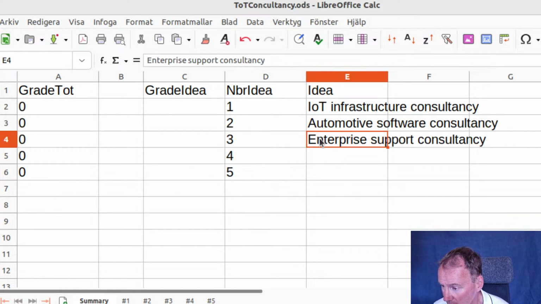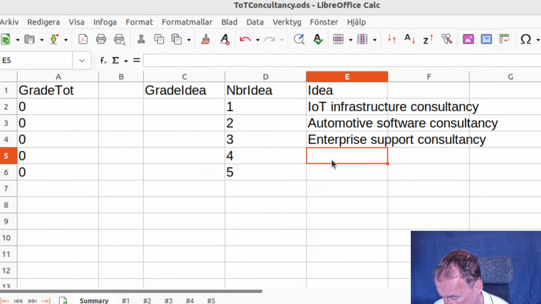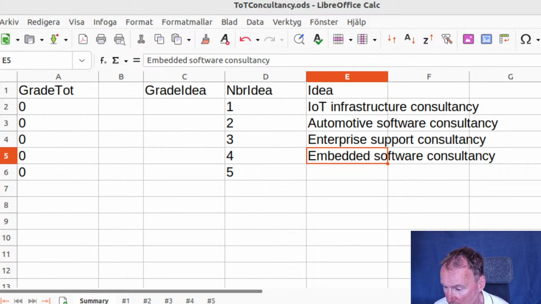As number three, 4, embedded. And finally, speech quality.